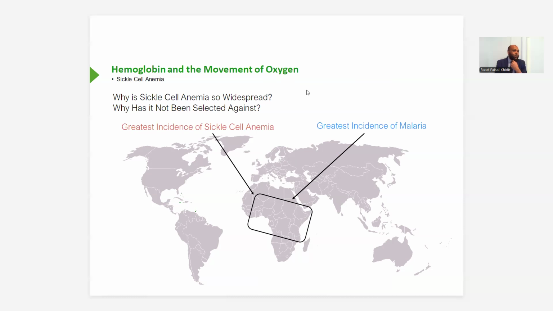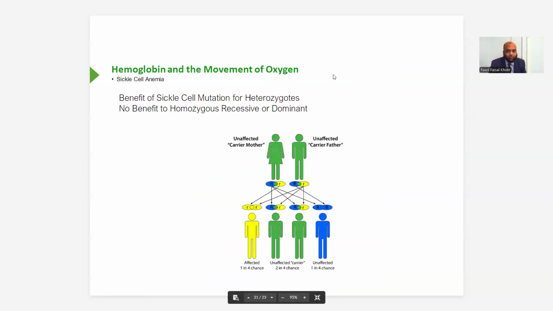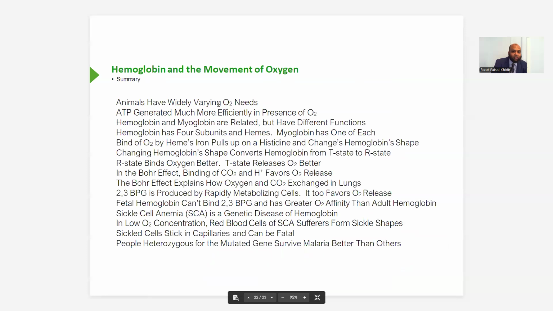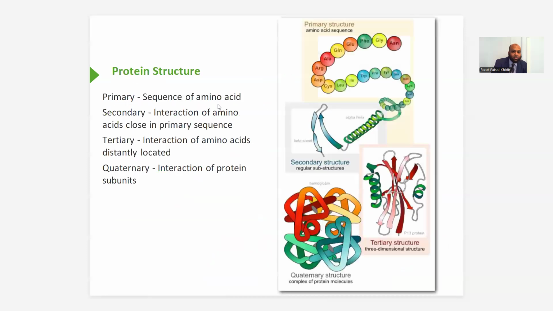If you have 2 little r's, then you have sickle cell anemia. Who has an advantage? The heterozygous. Yeah, excellent. Benefit of sickle cell mutation for heterozygous. No benefit to the homozygous. Okay. And the benefit is?